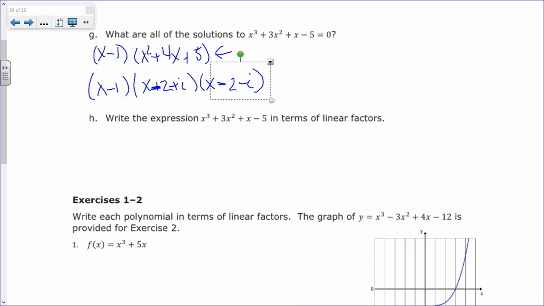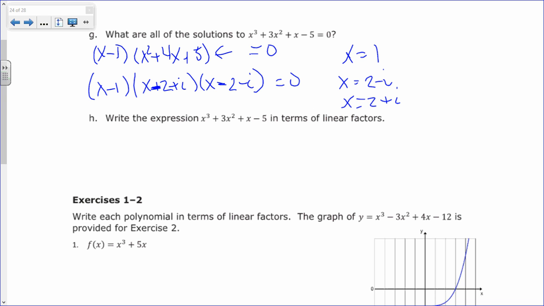So that means my solutions, set them equal to 0. My bad for not setting it equal to 0 here. So x equals 1 is a solution, and x equals 2 minus i and x equals 2 plus i are all my solutions.